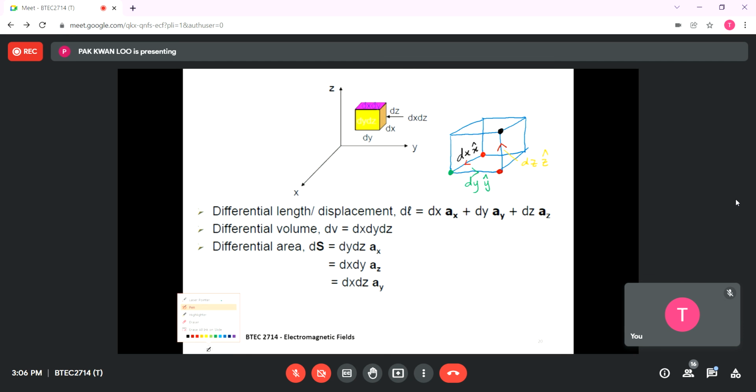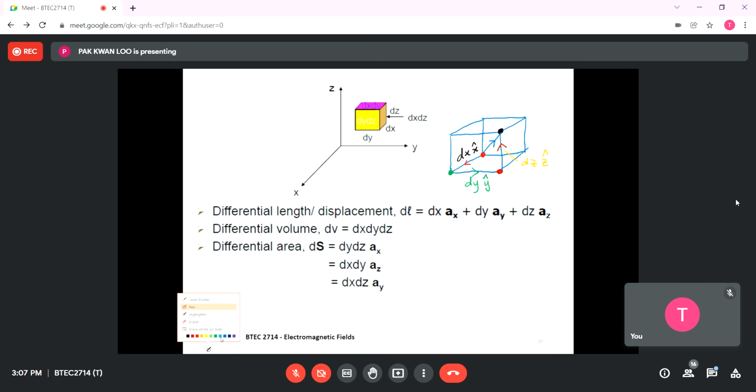So starting from your initial point to here now, maybe I use a different color, sorry. You can imagine that arrow now. I hope it is three-dimensional enough for you to visualize. So from this red dot to the black dot here is the differential length dl. Normally it is written as the differential displacement, or we call it displacement.